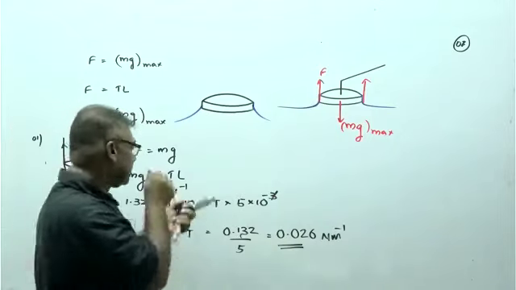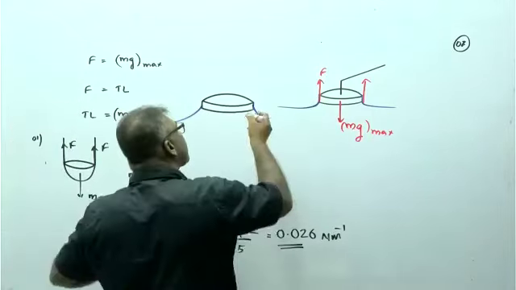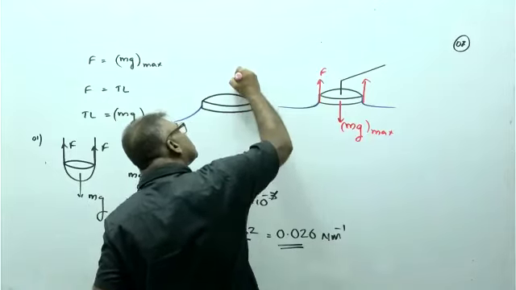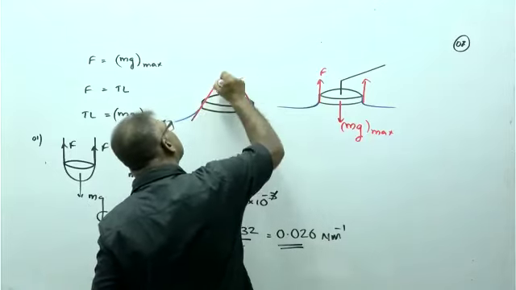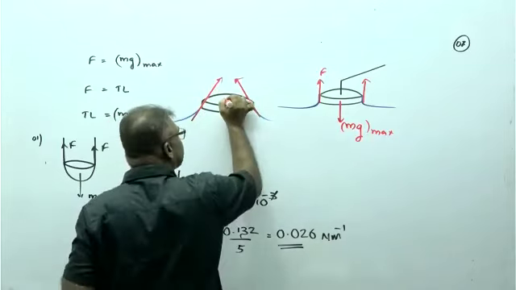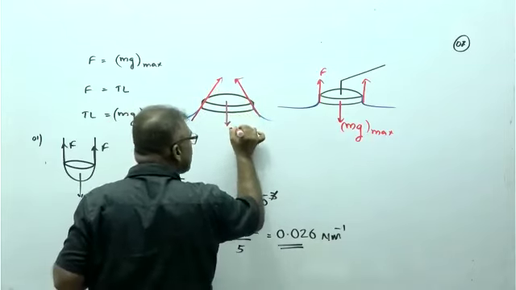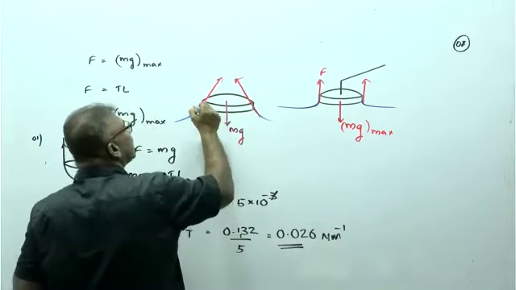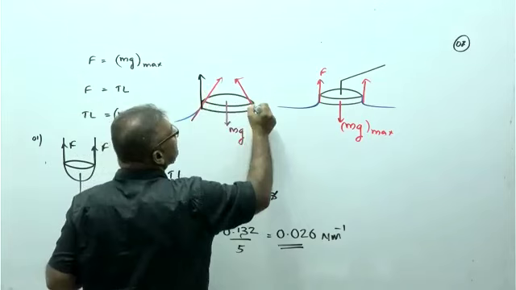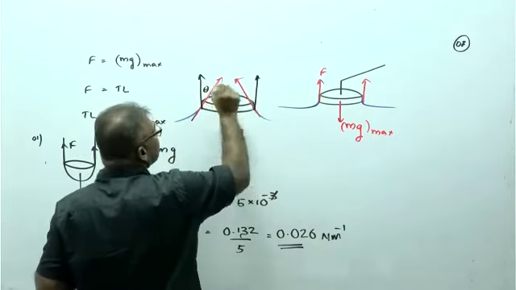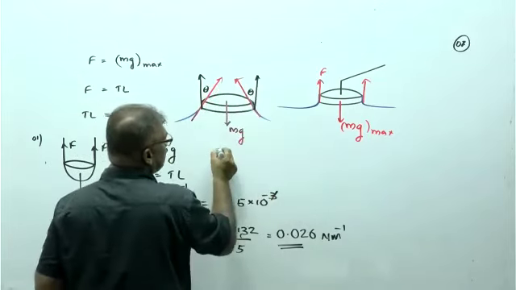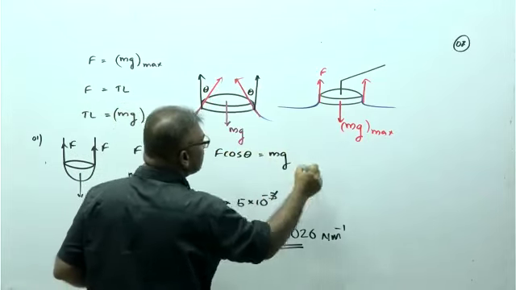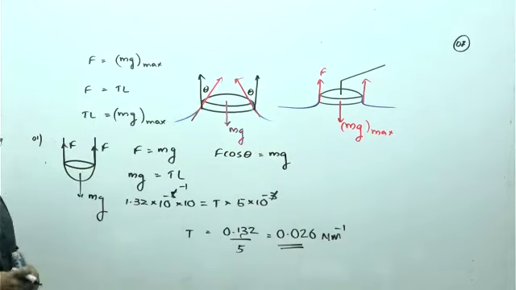Here we have the way surface tension sets up. If this is not the maximum surface tension, then we have to consider this angle theta: F cos theta equals mg. Check if that is right.